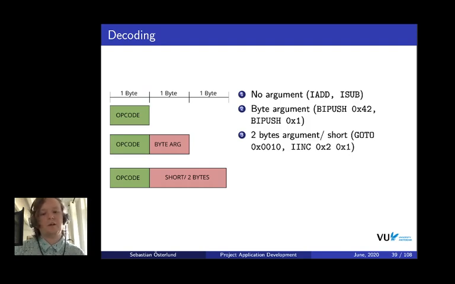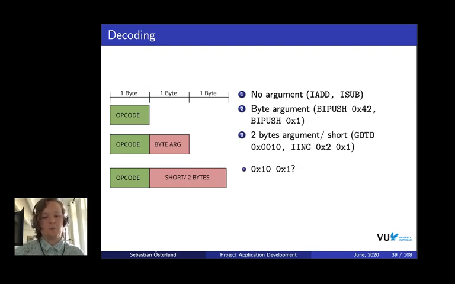But here, whatever value you push to the stack is not in the opcode itself, but the byte following the opcode. And then you have the third kind, where you have an opcode followed by either a 2-byte short or 2 separate bytes. An example of this is the goto instruction, which jumps to a certain offset.